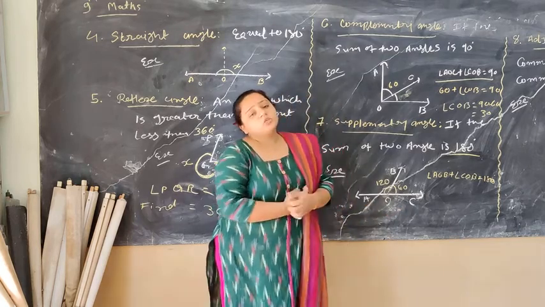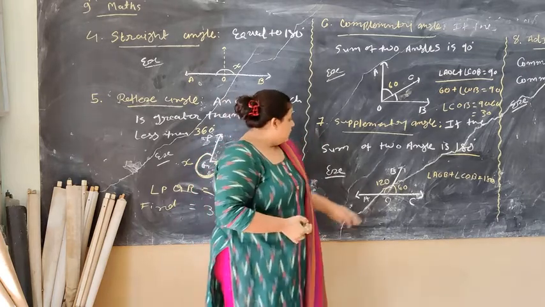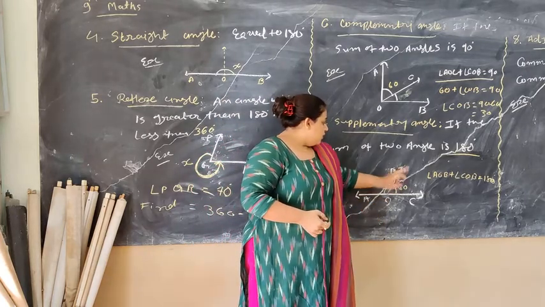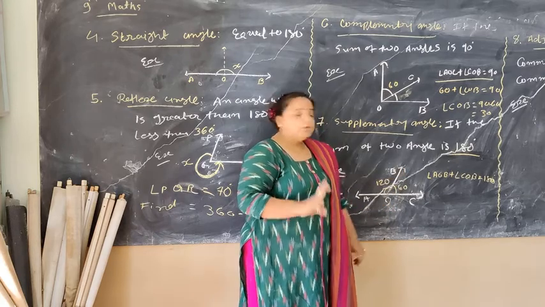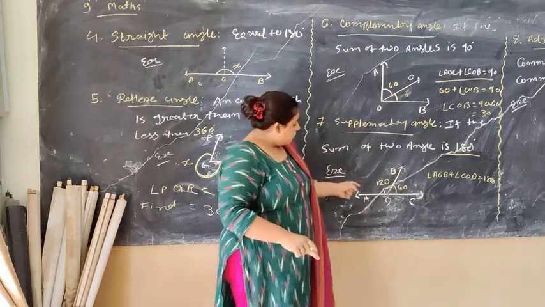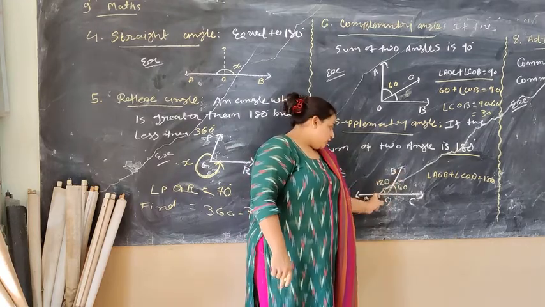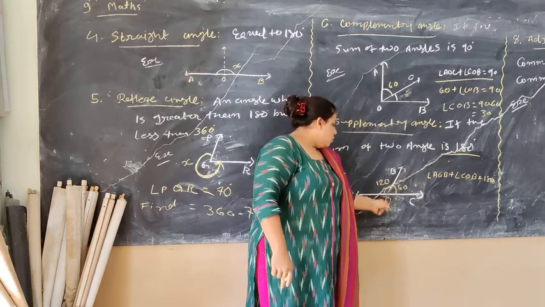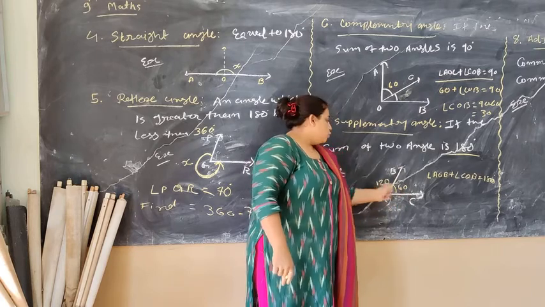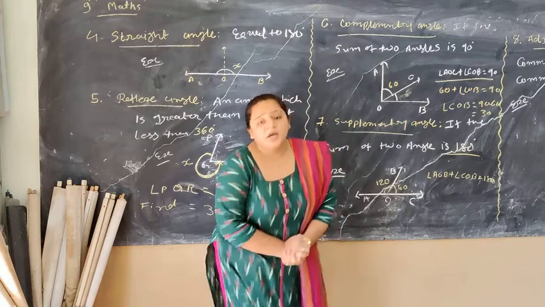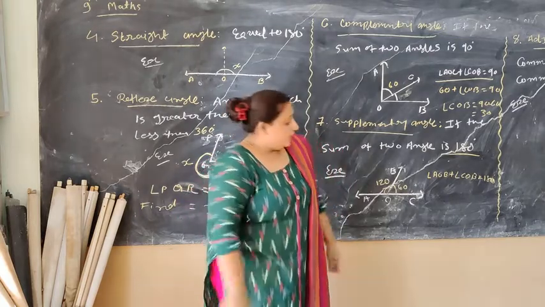AOC. AOC is a 180 degree angle. Now one arm is going to the point B. So OB is one more line. Suppose AOB is 120, then BOC is 60. If you total both, you get 180. That means they are supplementary angles.